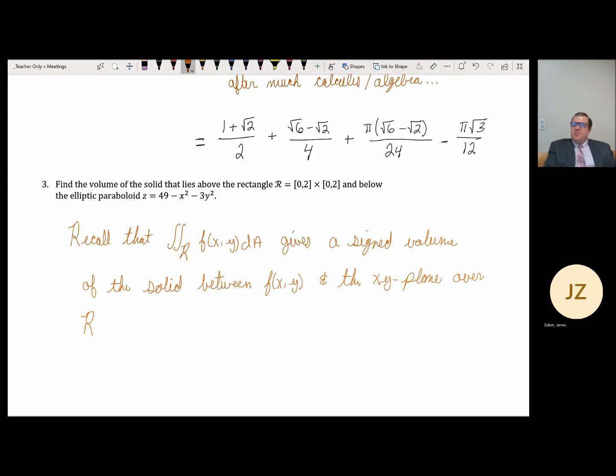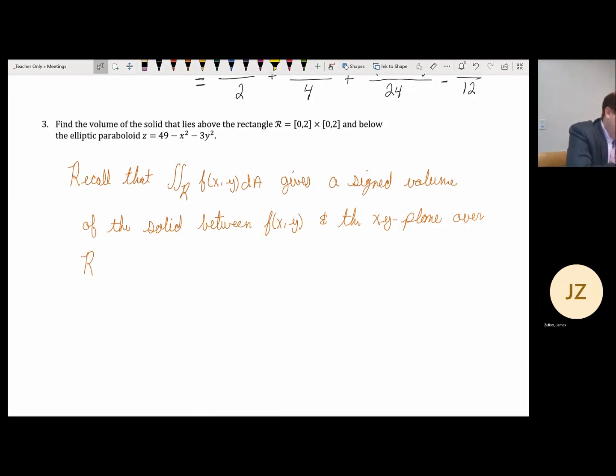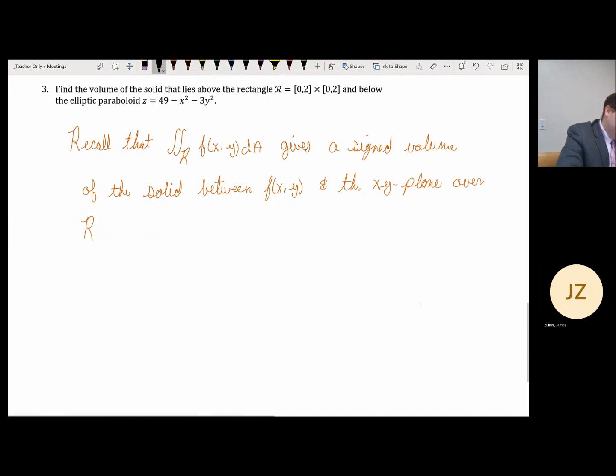We don't need an absolute value. But it's below 49 minus x squared minus 3y squared. So volume is going to be the integral over that region R, that rectangle R.